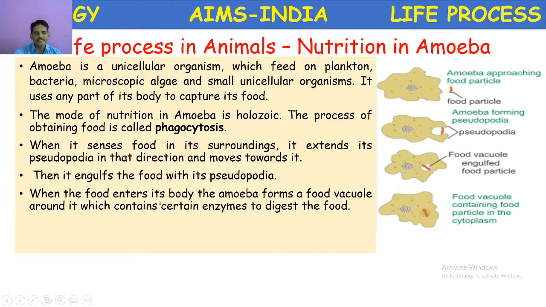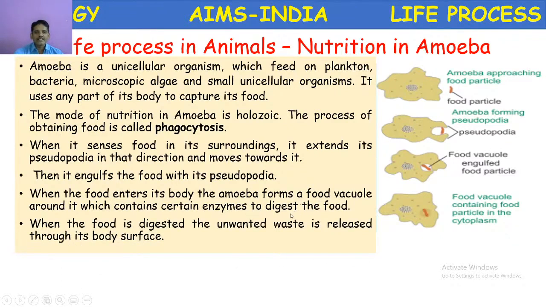When the food enters its body, the amoeba forms a food vacuole around it, which contains hydrolytic enzymes to digest the food. That's why the digestion in amoeba is intracellular digestion. When the food is digested, the unwanted waste materials are released out through the body surface by means of the diffusion process. So like this, the digestion takes place in amoeba.